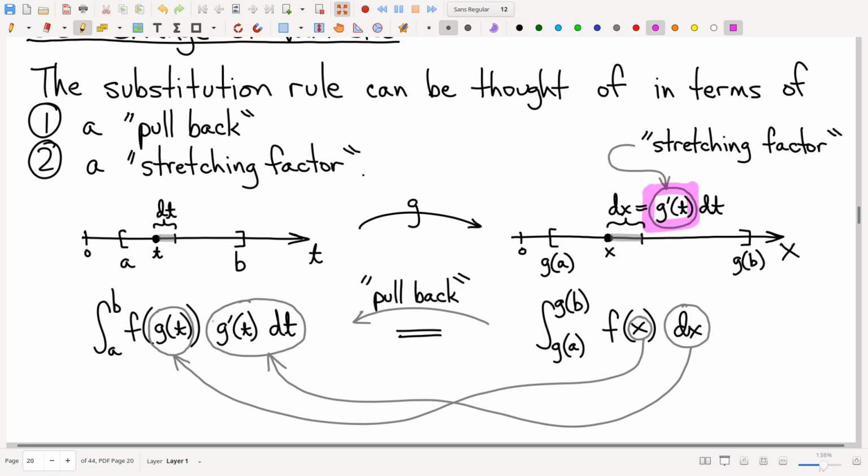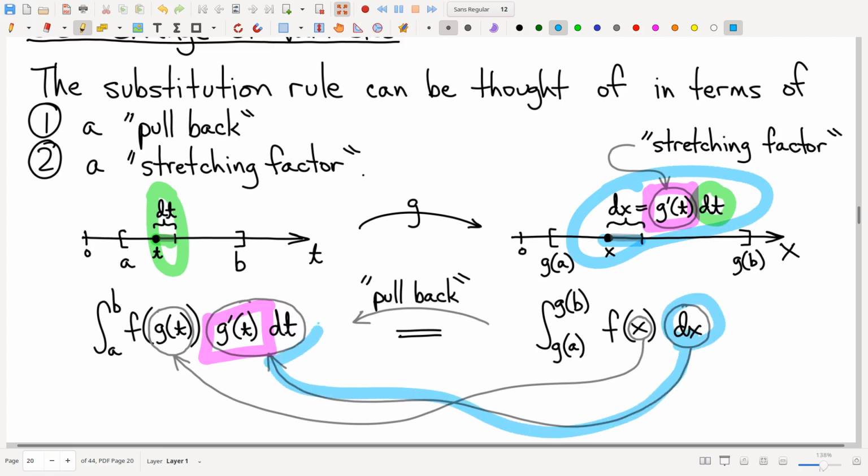This thing, g prime of t, that's what you have to multiply by your input size, right, to get your output size. How much does this change a variable? How much does this substitution rule function stretch things out in moving them from the domain to the target? That's one of the big ideas. How much does the domain get stretched?